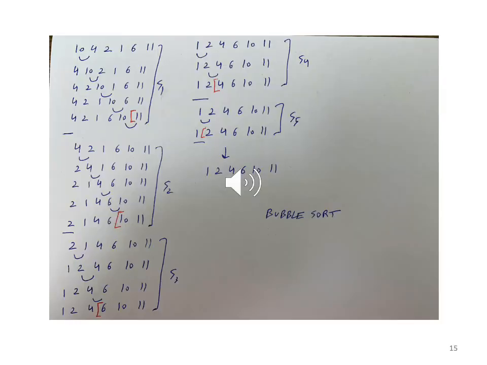Right. So now I am on slide 15, and here we are going through the bubble sort algorithm on our input array. Okay. So here we can see that we have divided the working of the algorithm into different stages. So our initial array is given here: 10, 4, 2, 1, 6, 11.